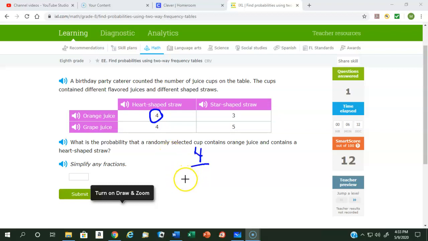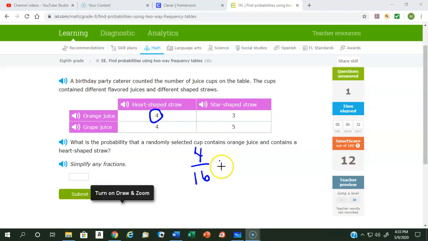I'm just going to do this in my head. 4 plus 4 is 8, 8 plus 5 is 13, plus 3 more is 16. So it's 4/16. And I've noticed that 4 is a factor of both 4 and 16.